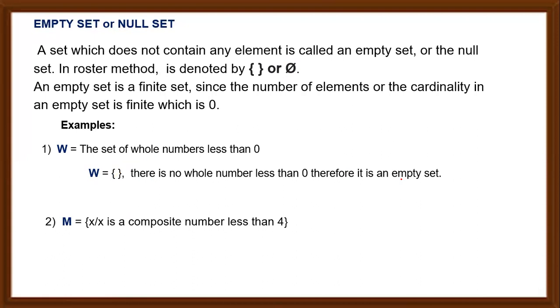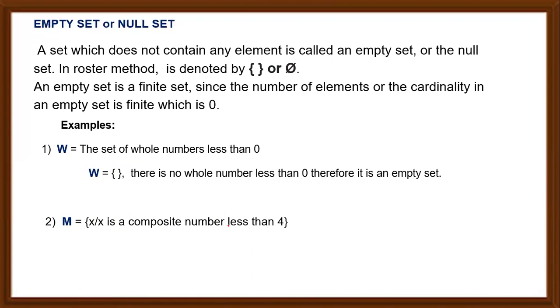Let's have number 2. M is equal to x such that x is a composite number less than 4. Remember, when we talk about the composite number, ito po yung meron siyang 2 or more factors. So meaning to say, meron bang composite number less than 4? Okay. Less than 4.